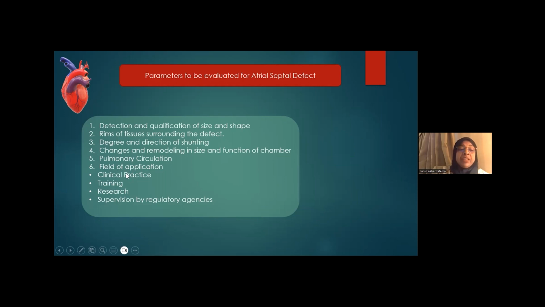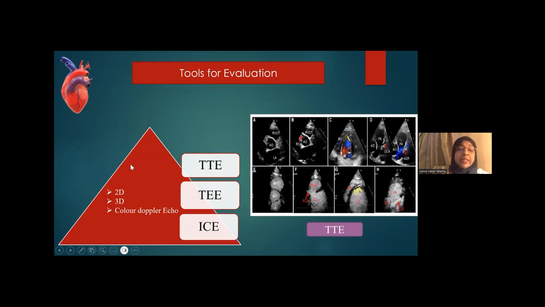Then field of application, like in clinical practice, we can apply it. And also we can apply it during the closure and others. So how will we evaluate the atrial septal defect? Especially we evaluate it by 2-dimensional, 3-dimensional, and color Doppler echocardiography.